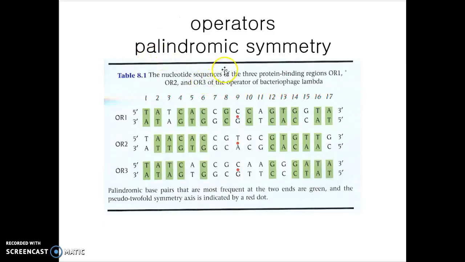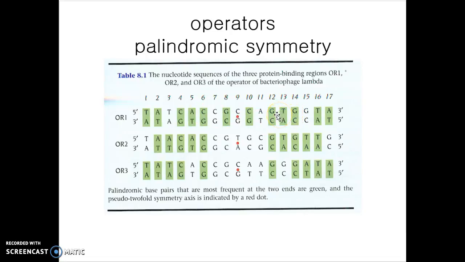The three operators are aligned, showing certain features. They are highly conserved, shown in green, and also each one shows palindromic symmetry, twofold symmetry. So according to the axis at position 9, when you rotate by a half turn, they produce similar sequences.